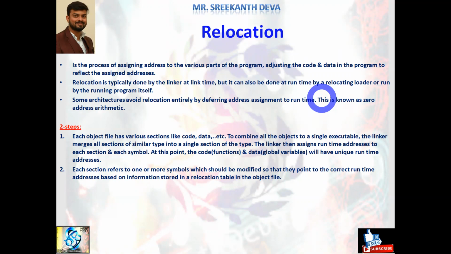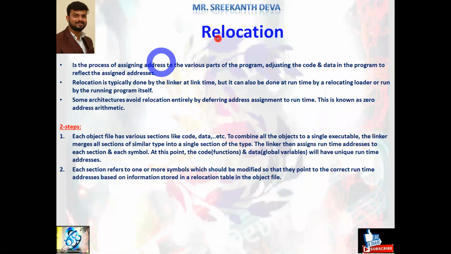Some architectures avoid relocation entirely by deferring address assignments to runtime. This is known as zero address arithmetic. Generally, relocation consists of two steps. Each object file has various sections like code, data, and some like .bss, and so on.